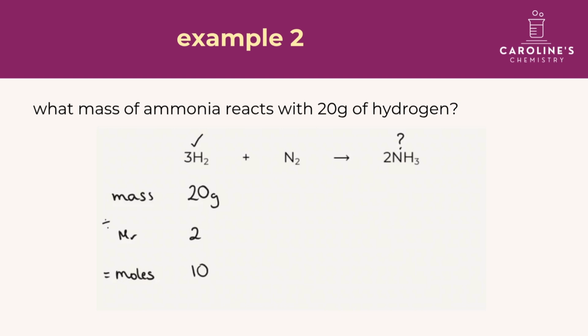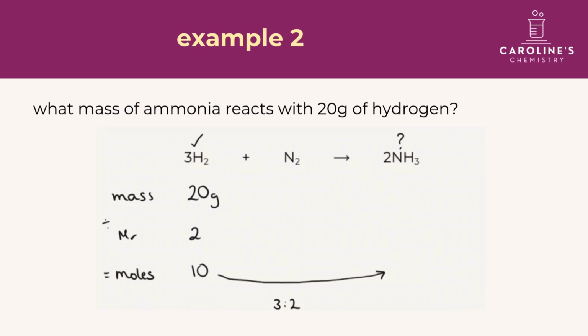Now this is the only bit that might get tricky. We're now going to swap columns over to our question mark. So if we look at the big numbers now, we have a big 3 in front of the hydrogen and a 2 in front of the ammonia. That means that is a 3:2 ratio.